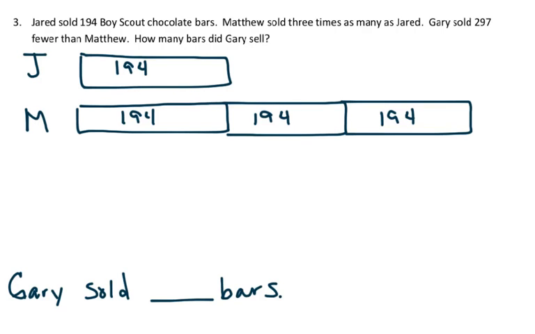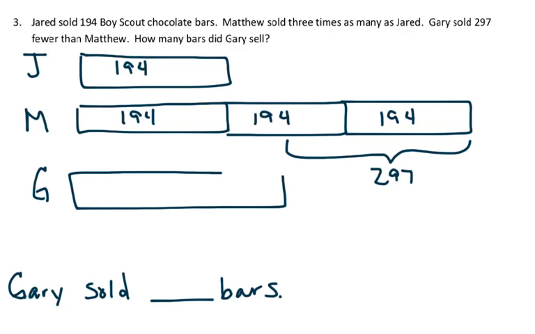And Gary, he sold 297 fewer than Matthew. So let's just make this the difference, 297 fewer, and then we'll make Gary's tape. That's right here. And that's what we're trying to figure out. How many did Gary sell?